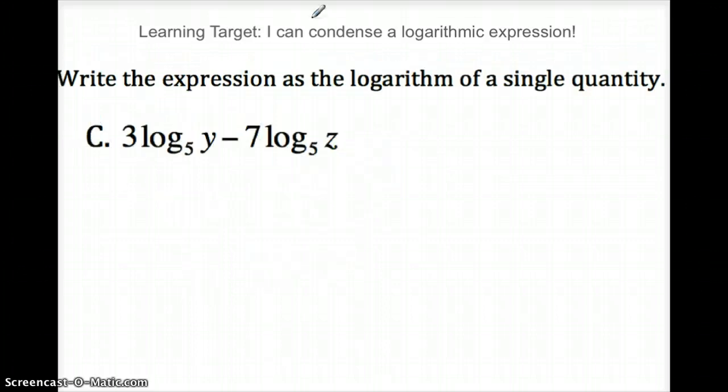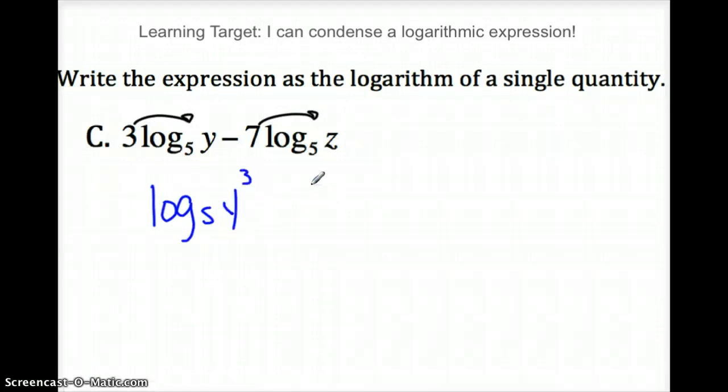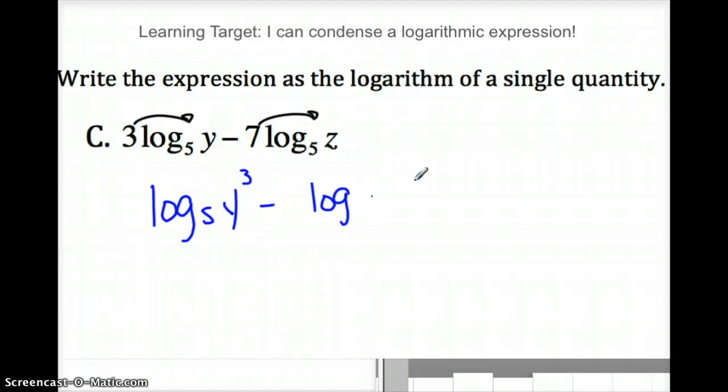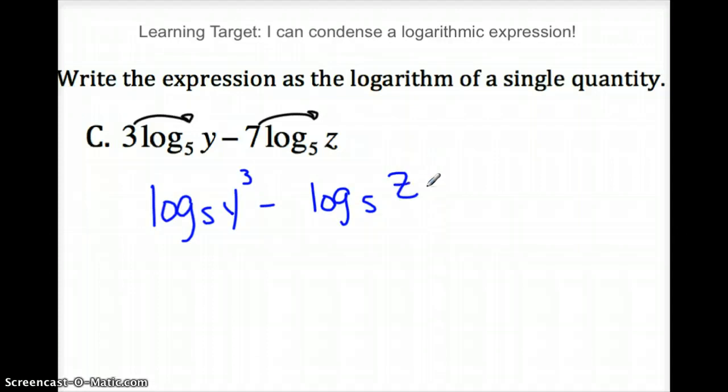Next one. I think it would be wise to first put the powers back on y and z. So we would have log 5 y cubed minus log 5 z to the 7th. And then we need to ask ourselves, because we're supposed to write it as a single log, right now we have a log minus another log.